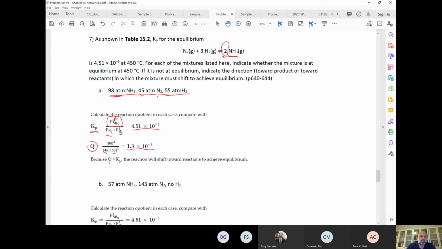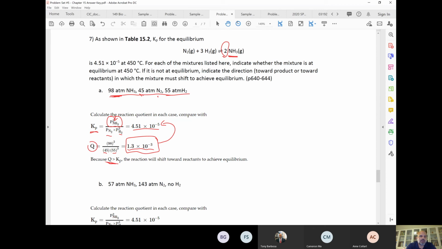Because our Q, the reaction quotient, is greater than the equilibrium pressure constant, the reaction will shift towards the reactants to achieve equilibrium. What does this mean? This Q is larger than our Kp. 10 to the minus 3 is bigger than 10 to the minus 5.